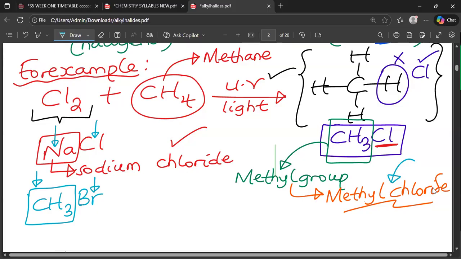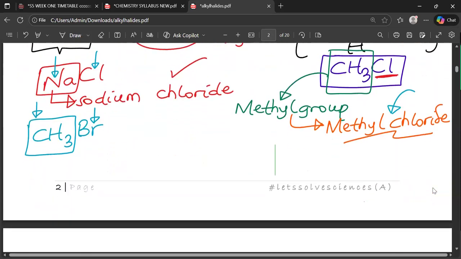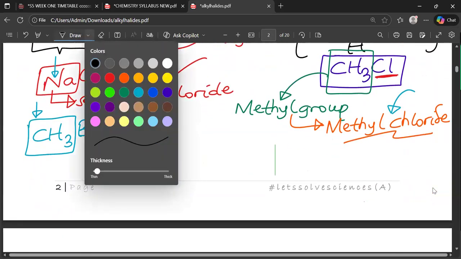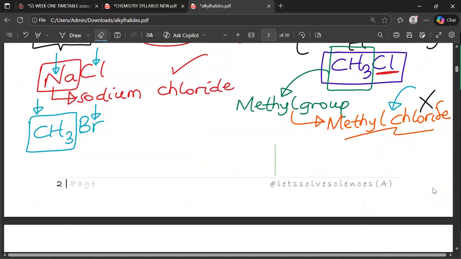And when bromine reacts, the halogen compound that comes out must be a bromide. People know that. However, there is what they call the IUPAC system of nomenclature. So I'm going to put X on this, provided you're naming it as bromide. I'll put X on that. So what is the IUPAC name?